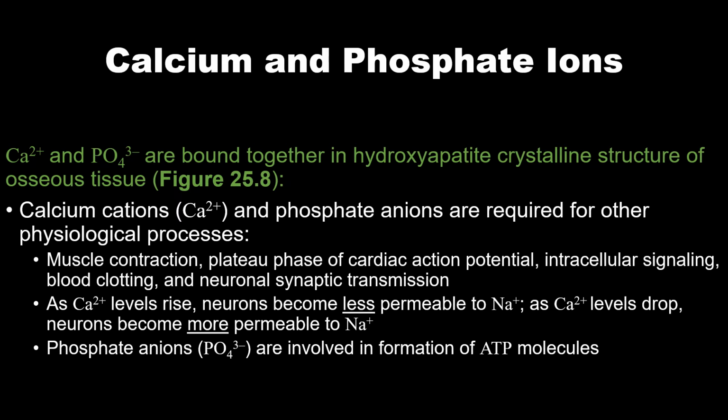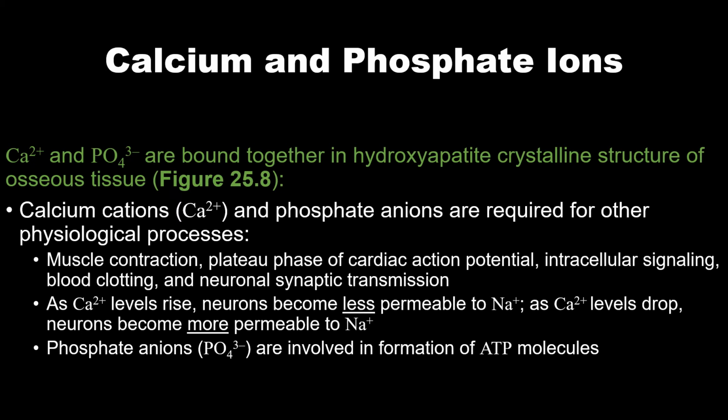And it's impossible to discuss calcium without also discussing phosphate, and that's because they're found together in the hydroxyapatite crystals. The inorganic portion of bone is not able to be built unless both calcium and phosphate are present. And so for this reason, they're regulated in tandem by the same hormones.